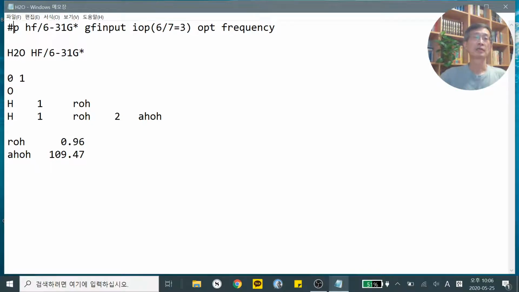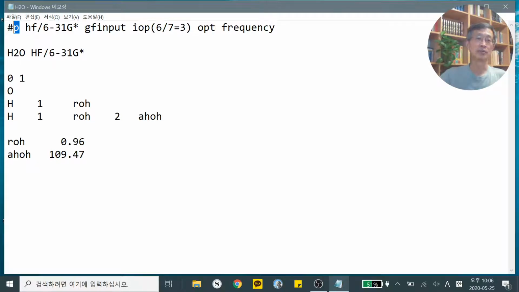The route command is denoted by this pound sign, and then P is just print. If you don't say P, it will just tell you essential things to let you know it has been done.